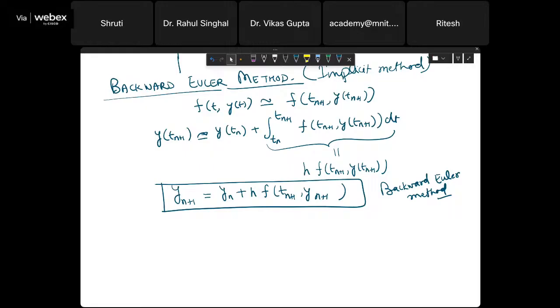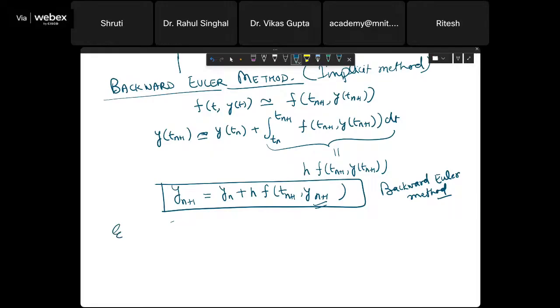So in such cases, we use iteration techniques like the Newton-Raphson method or the secant method. We can do the iteration for yn plus 1, and whatever value we get in the final iteration will be used here to get the approximation with the help of backward Euler. So this will be the idea in case you have a non-linear function in your problem.